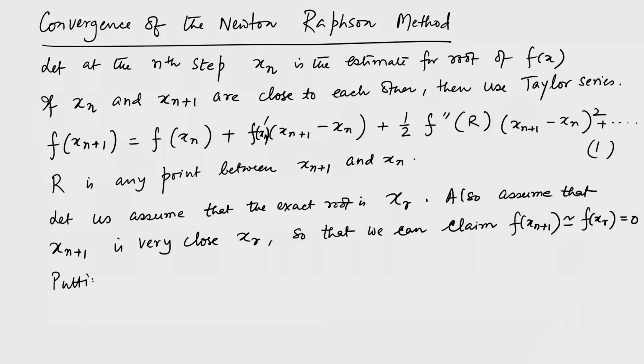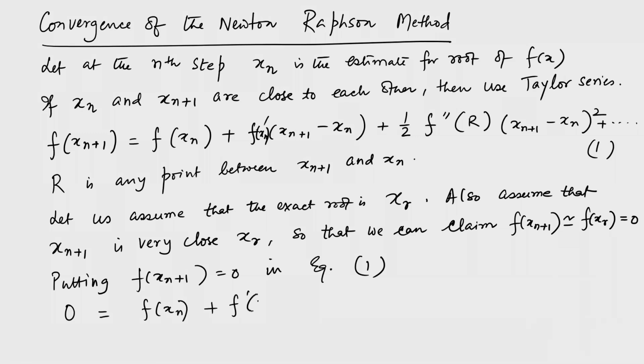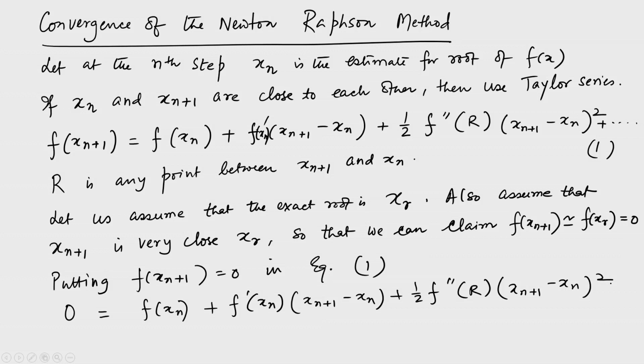Putting f of x n plus 1 equal to 0 in equation 1, we get 0 equal to f of x n plus f prime of x n times x n plus 1 minus x n plus half of f double prime of r times x n plus 1 minus x n square, and we are neglecting terms from there on. All right. Let us call this equation 2.